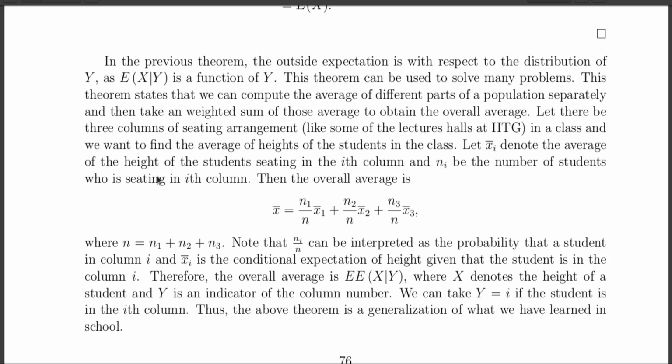So I can write this as the summation of the probability that the student is in the ith column, multiplied by the expectation of height given the student is in the ith column, and the sum is from i equals 1 to 3.